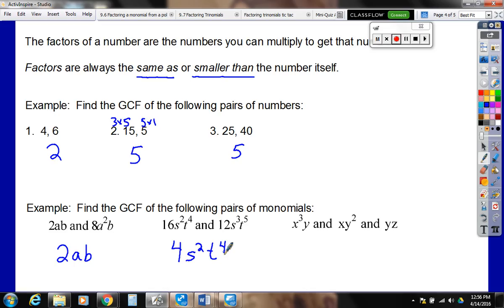We have 3 monomials, so they have to all have the same factors in order for us to write it down as a factor. Okay. Just y? Anything else? That's it. So the only common factor in this, they all have a y. The smallest exponent is 1, so that one just works out to be y.